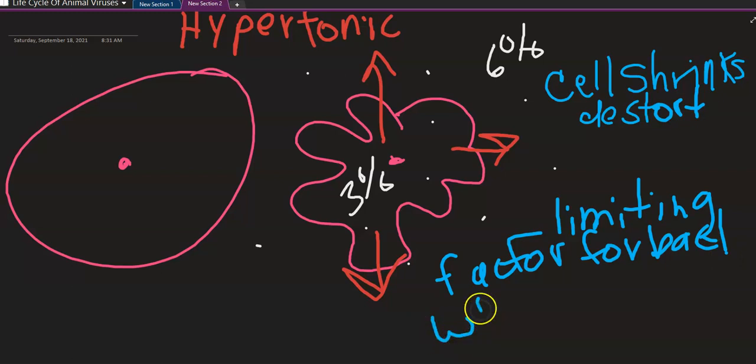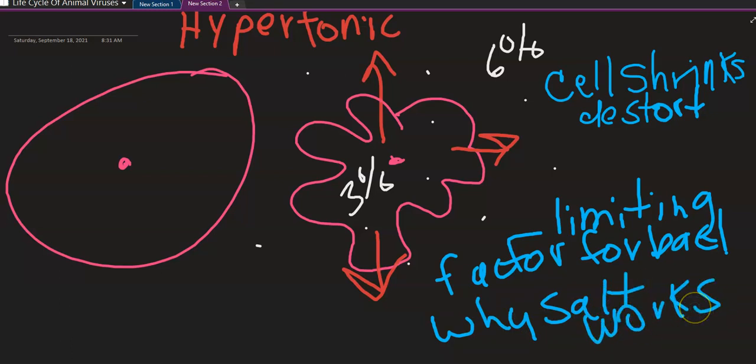This is why salt works as a preservative or as an antibacterial type substance. Think about this. When I was little, I lived in Louisiana, we had slugs everywhere, and we poured salt on them. What happened? Well, the salt killed them. How did it kill them? It pulled the water out.